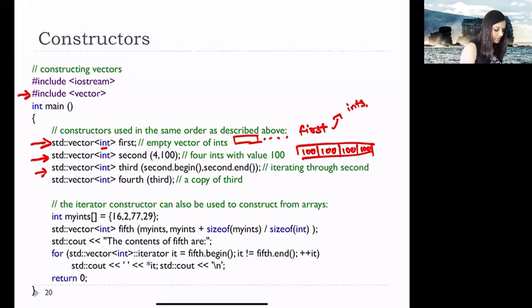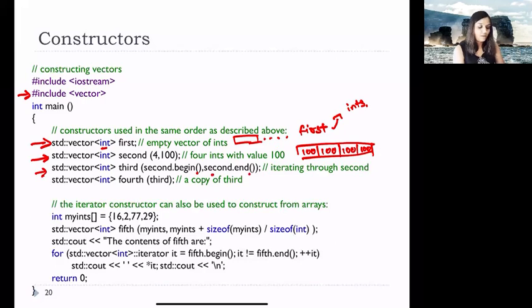While using iterators, you will have the pointer from where your iteration starts until where your iteration ends. You can define a vector using iterators, where you would say that third is my vector, which is going to store int, and it will start from second begin and end at second end.